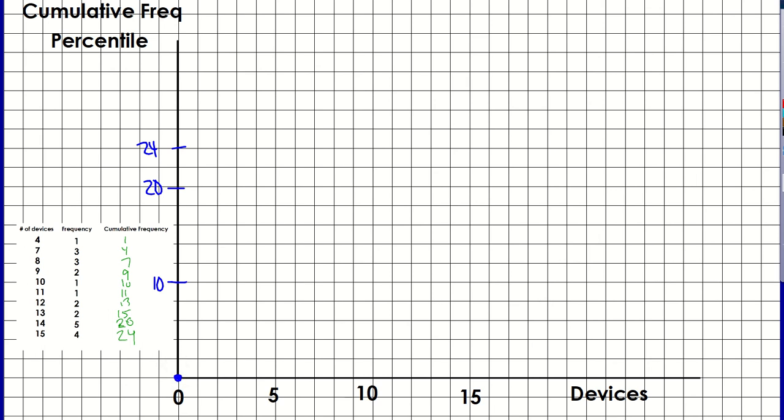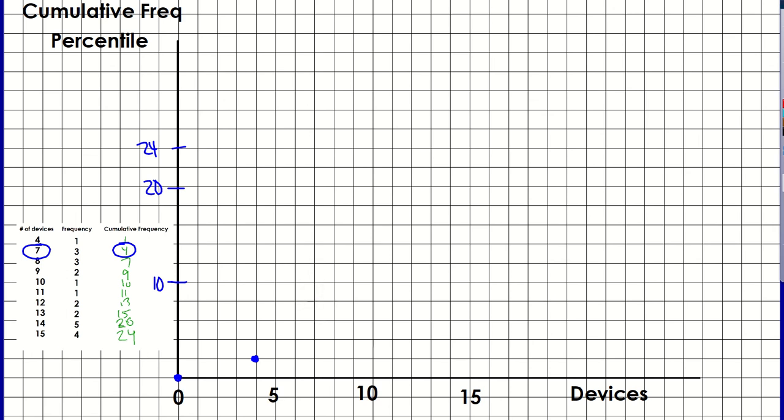The cumulative frequency graph is always going to start at 0 because we haven't accumulated anything to start with. However, the number of devices 4 has a frequency of 1. So that would be my first frequency as well as my first cumulative frequency. The next one would be that at 7 devices, the cumulative frequency was 4.